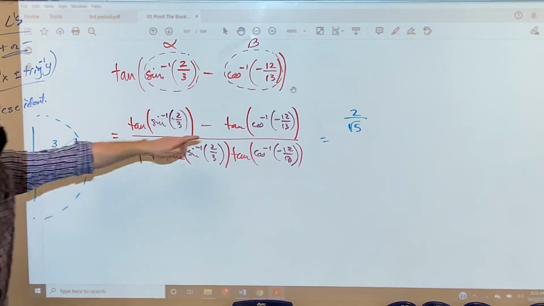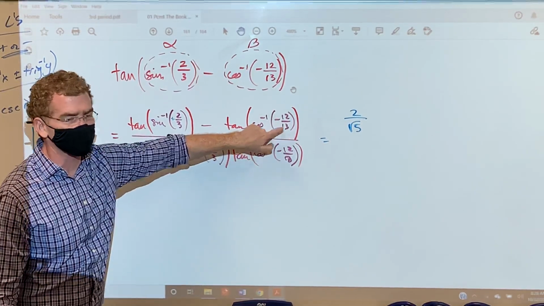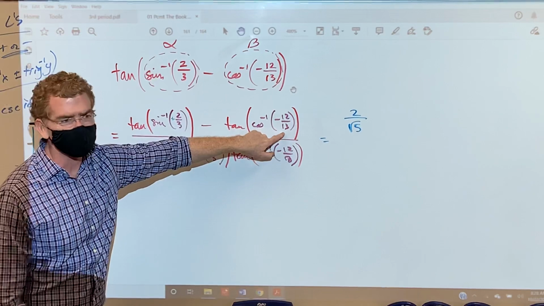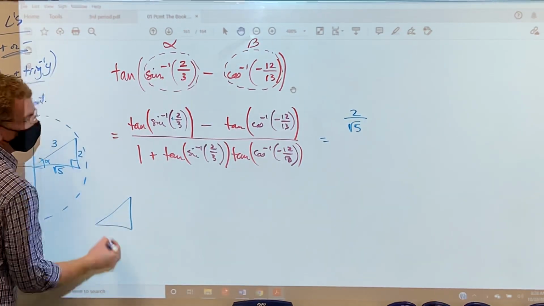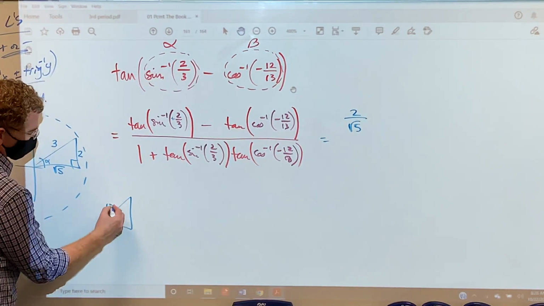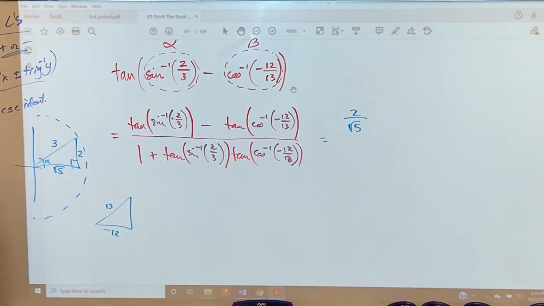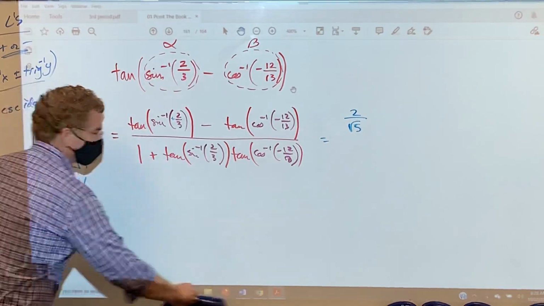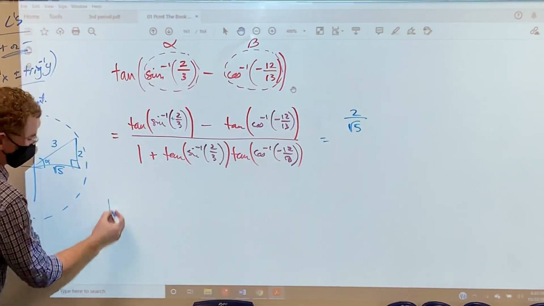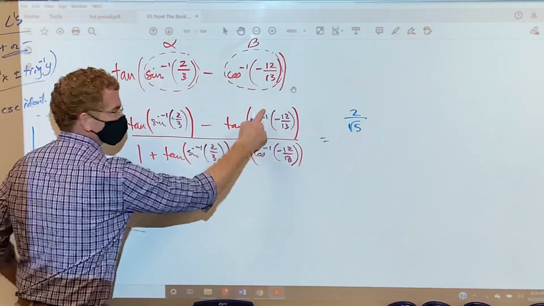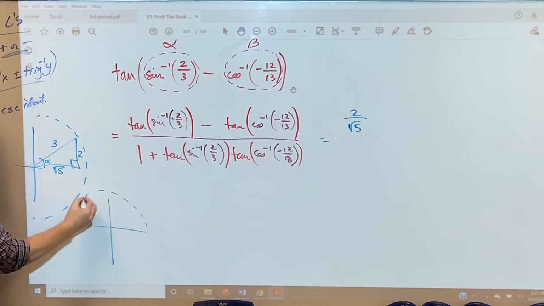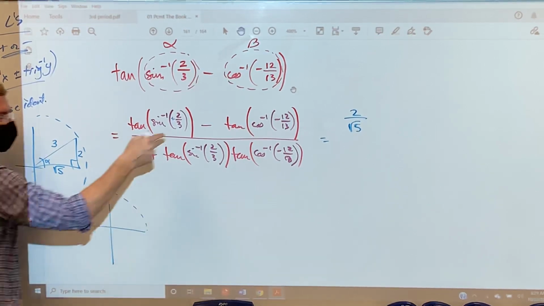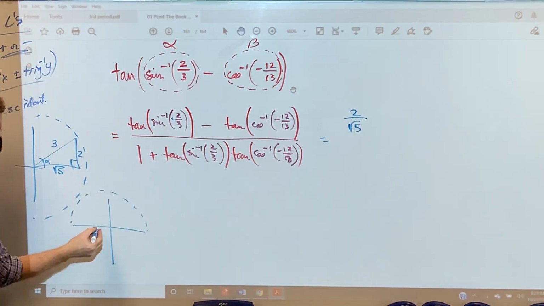And then I gotta do the same thing again, but here, if you draw this picture incorrectly, you stand a chance of missing stuff. Because if I just do this and go, oh yeah, 12 thirteenths, oh, I guess it's negative, I may or may not get lucky, but that's not where this picture is. How do I draw an inverse cosine? Where does inverse cosine exist? 0 to 180? And it's negative. So where do I have to draw it?